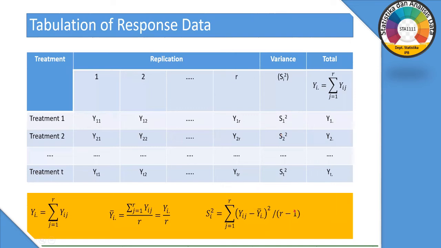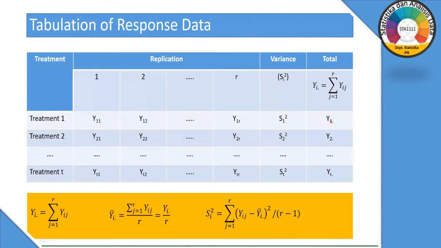So that is the formula. You can measure from each treatment here. And of course, you will be able to calculate easily the total of the ith treatment. For example here, Y1 dot is actually the total or the summation of Y11, Y12, Y13, and so on until the last one.